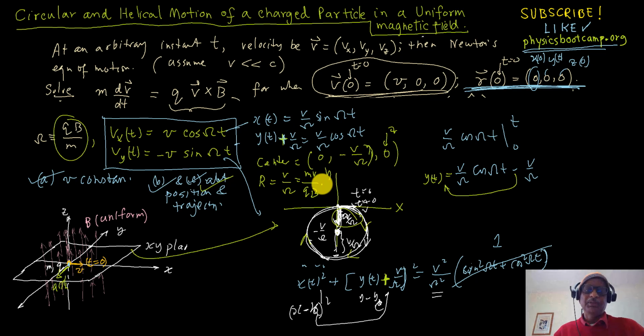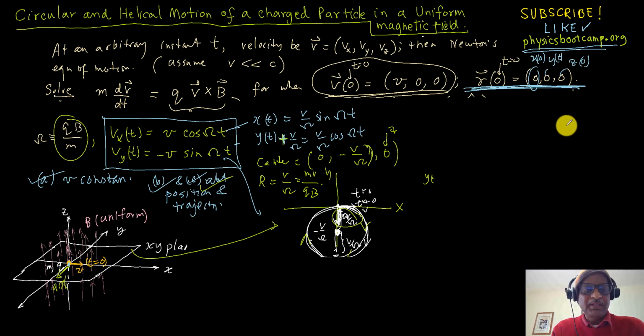Now we want to address what happens when this is not that way. This is the x-axis, the y-axis, the z-axis, and this is where B is, but v is pointed this way, and there's an angle theta between them. Okay, so let's do that without doing a whole bunch of work.